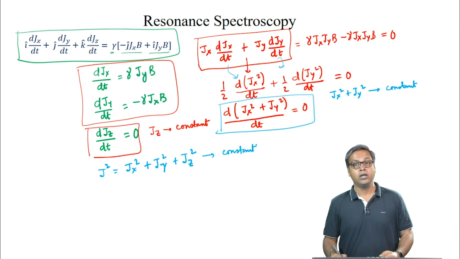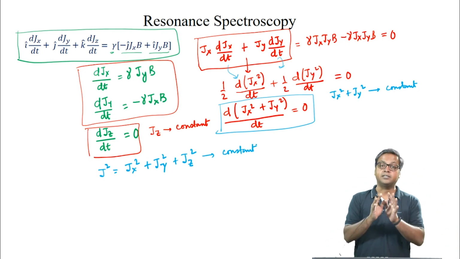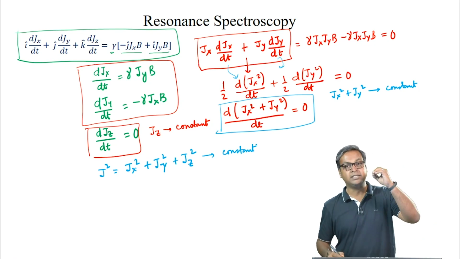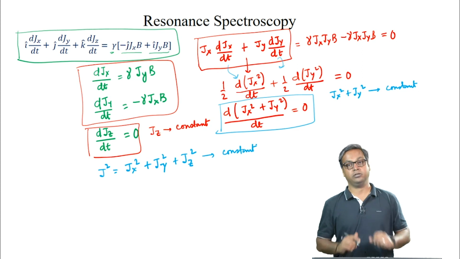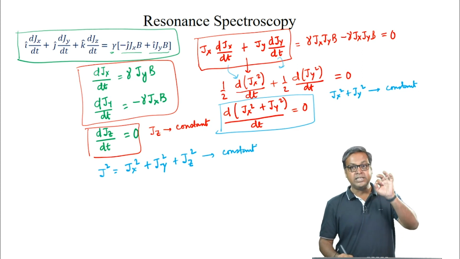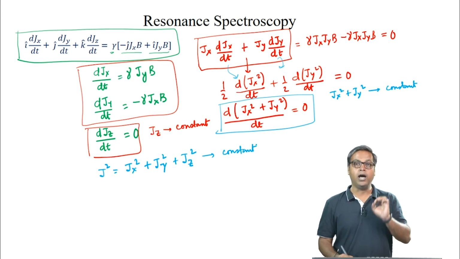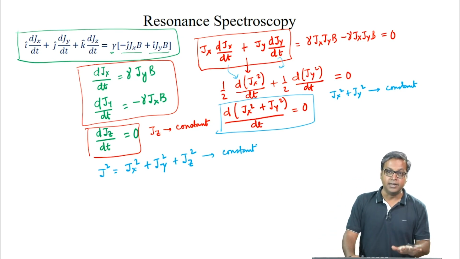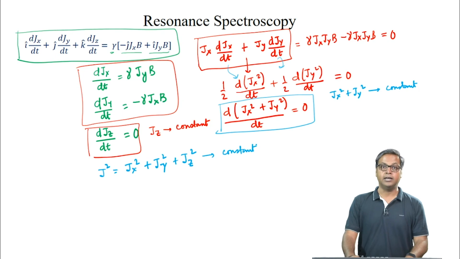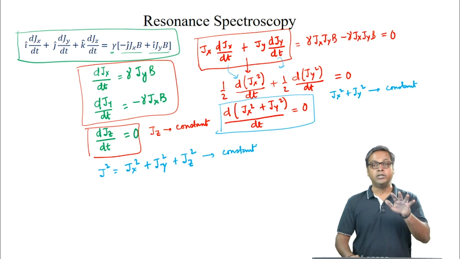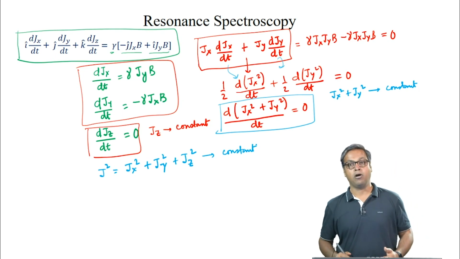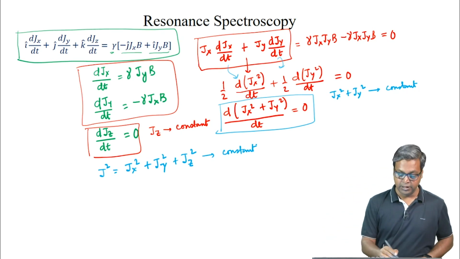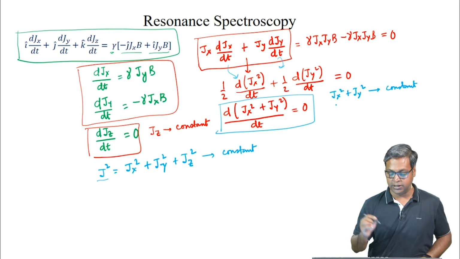That is, when placed in an external magnetic field, J squared and J_z are constants of motion, but J_x and J_y change with time. So, we will end this lecture here. In the next lecture, we will discuss the consequences of what we have learned today because of J squared and J_z being constant.